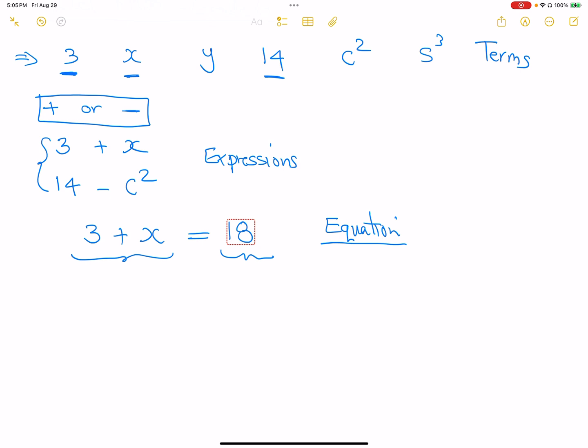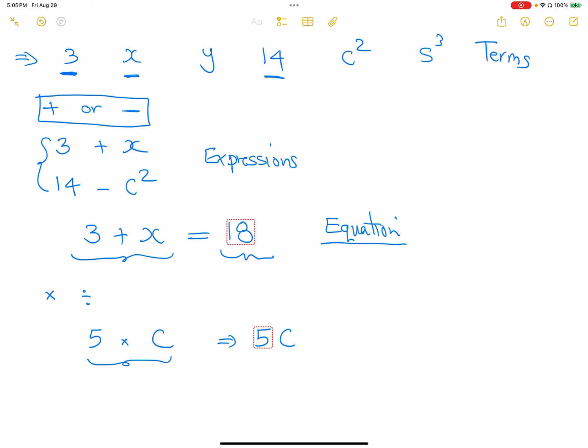Now, notice that I mentioned that plus and minus are the operations that are used to separate terms. What about multiplication or division? Whenever you use multiplication or division, for instance, if you do 5 times c, this is not two terms. This is in fact only one term, which is 5c.